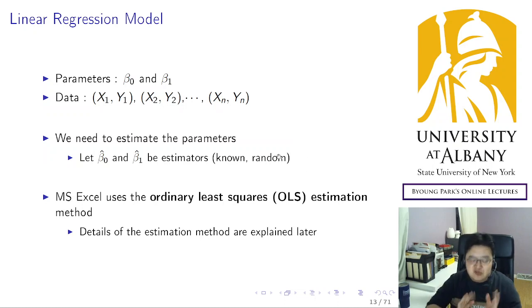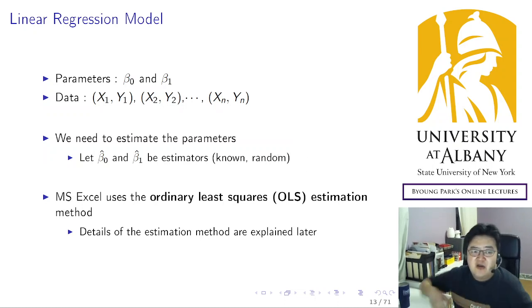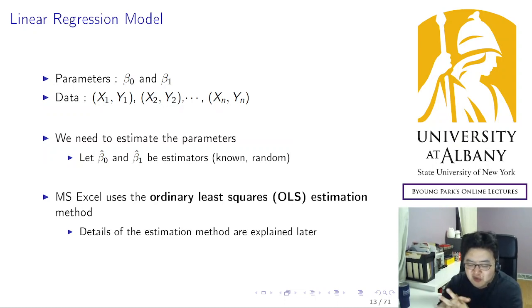And we are going to use Excel. Usually the textbook starts with how to derive the estimators first. How can we calculate those estimators? That's important, but I'm going the other way. I will demonstrate Excel, and you get some kind of estimators. I don't know how you got it, just Excel calculated that for you.